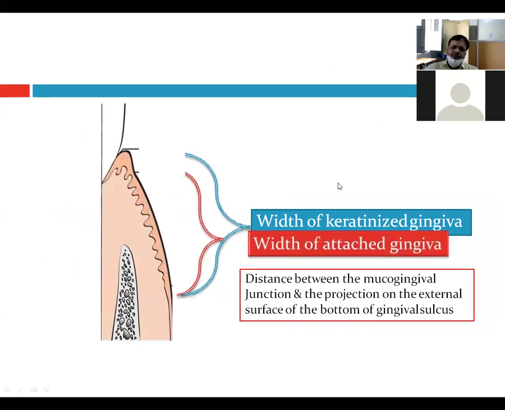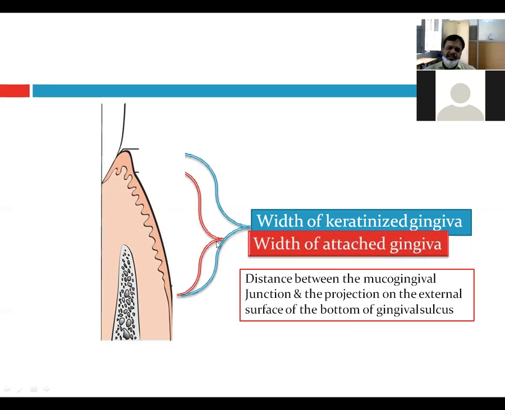Now coming to the width of attached gingiva, there are two terms. One is width of keratinized gingiva and the second one is width of attached gingiva. Width of attached gingiva is the distance between your mucogingival junction and the projection on the external surface of the bottom of the gingival sulcus.